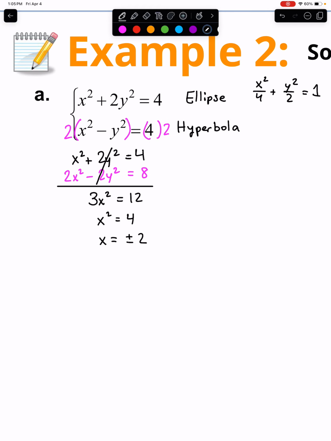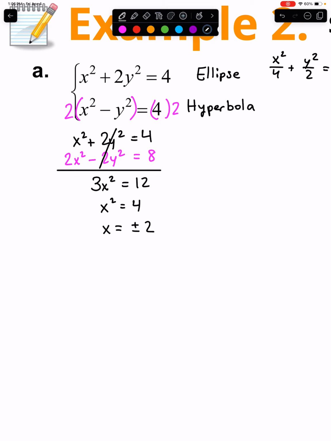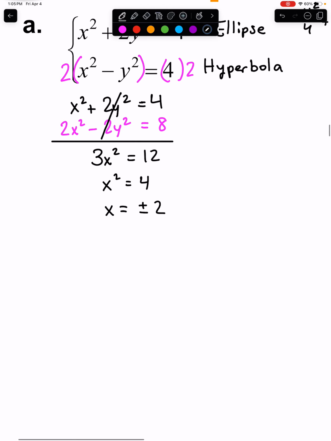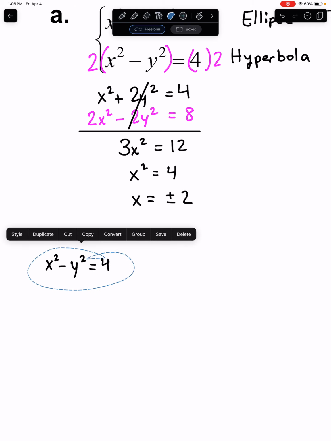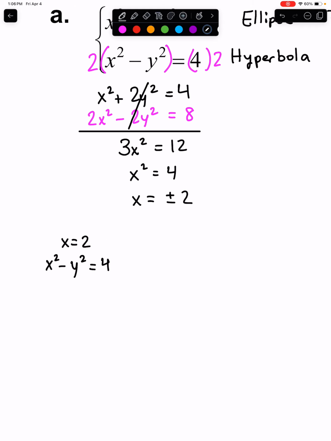So I have two answers now, x is equal to plus or minus 2. I'm going to need to plug this in for my y variable, and I have two possibilities. Which one do we want to plug into? Maybe the second one looks a little smaller, but it doesn't matter, we could do the first or second. So if I plug into x squared minus y squared is equal to 4, let's plug in both of them. x equals 2 and x equals negative 2.